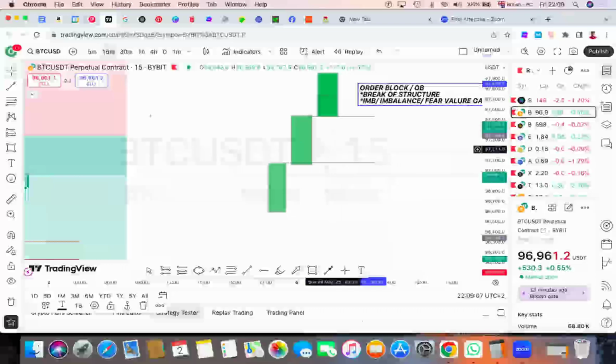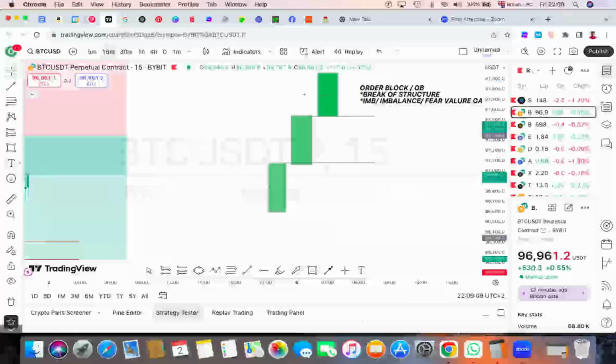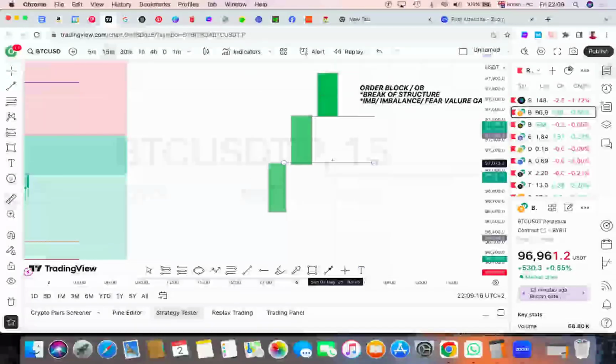You pick your test two because this is the highest. You see that the space within it is very big. From here to here, if I was to measure, this is 0.49%.